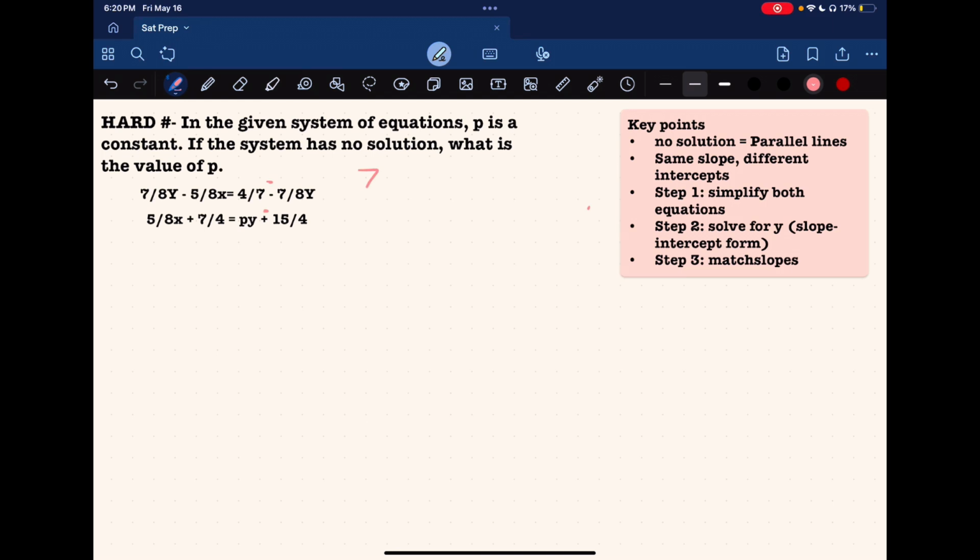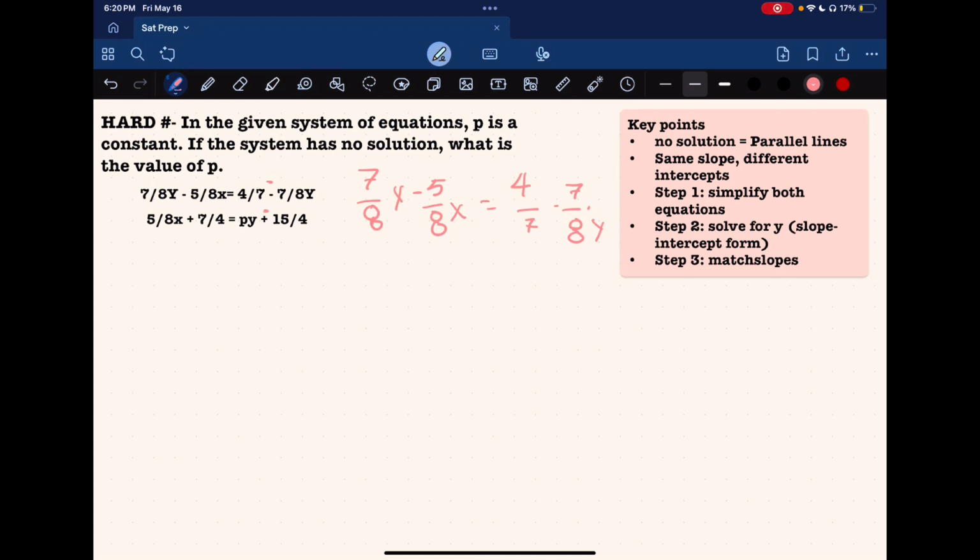So I would do 7 over 8 y minus 5 over 8 x equals 4 over 7 minus 7 over 8 y. And then I moved 7/8 y to both sides, I added them to both sides.